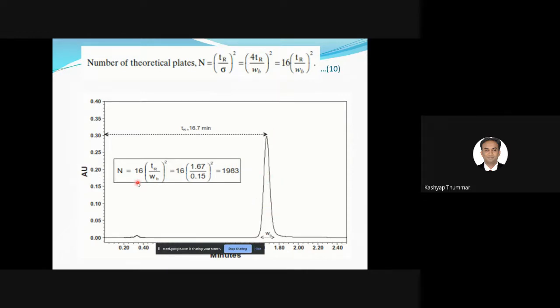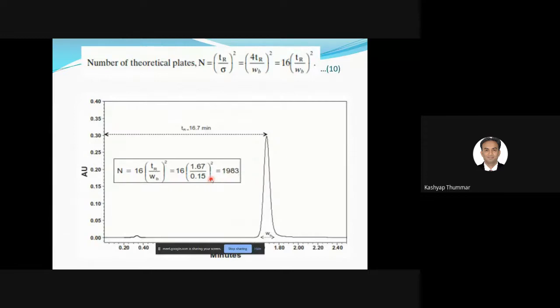N is equal to 16 into bracket TR upon WB. Students, if you are writing something, you can write this example in your notebook: 16 into 1.67 divided by 0.15, whole square. So it will give an answer of 1983. It indicates how much plate number the column has.